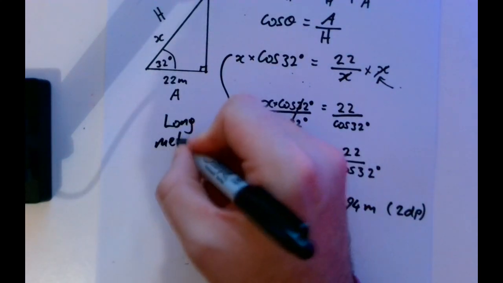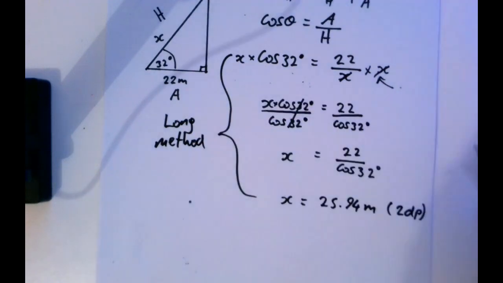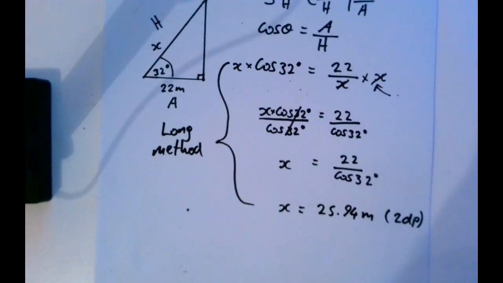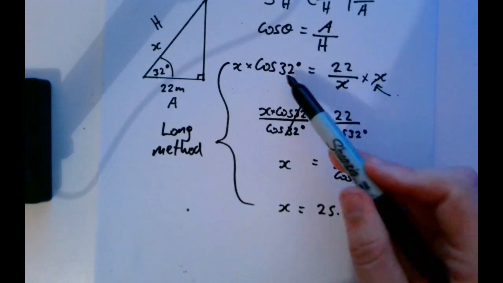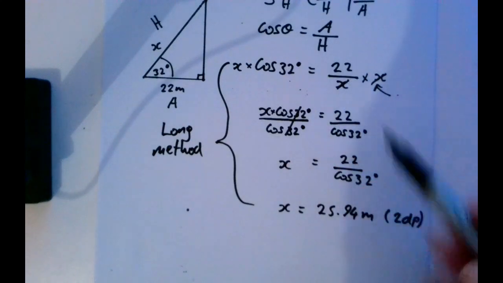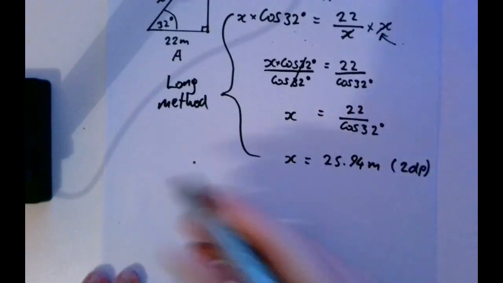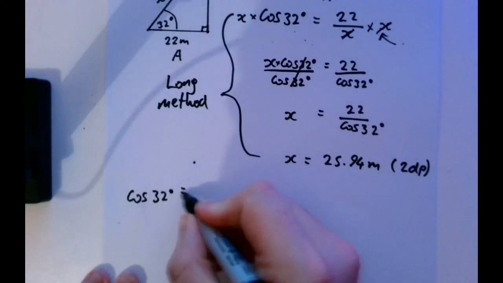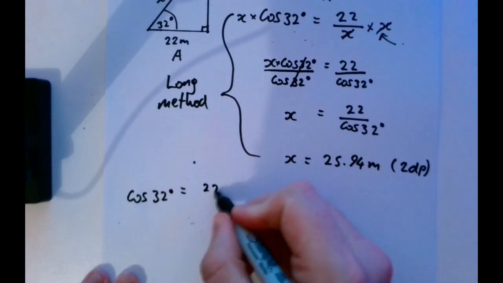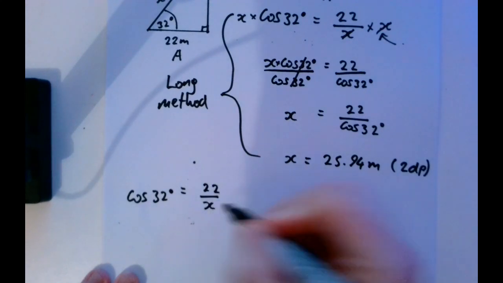So why don't we try and establish a pattern that's coming out throughout this method of solution. You notice in our original equation, we started off with cos of 32 degrees is equal to 22 over x. Let's just come down here and write that. So cos of 32 degrees is equal to 22 over x.